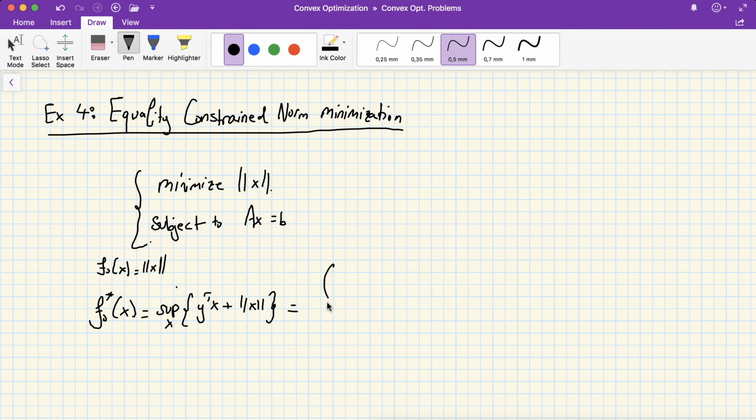This is actually 0 if the so-called atomic norm, sorry, this is a function of y, my bad, the atomic norm of y is less than 1. We'll talk about the atomic norm later on in the course. But let's say you just derive the conjugate function of the cost, just this. You can easily express your dual without having to pass through the Lagrangian.